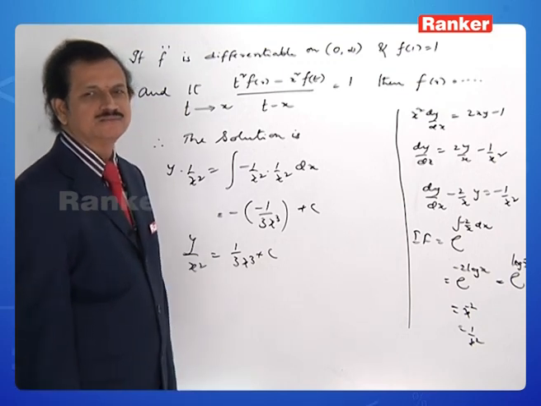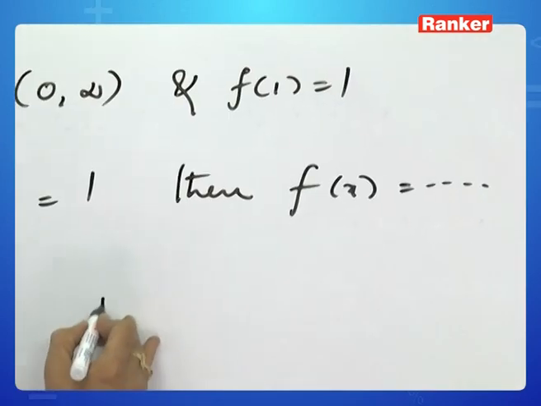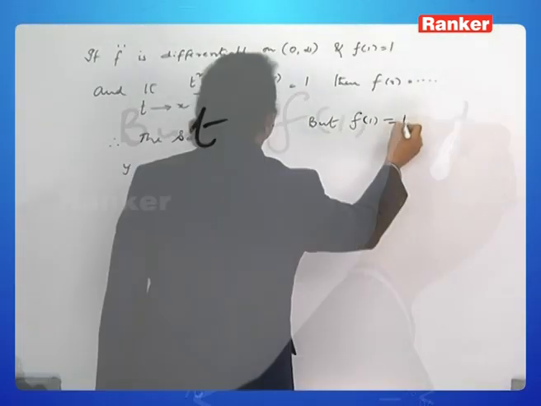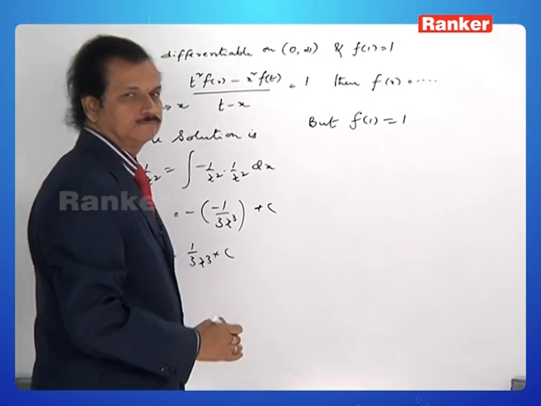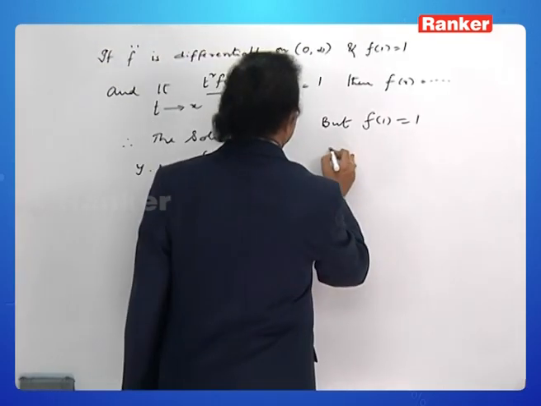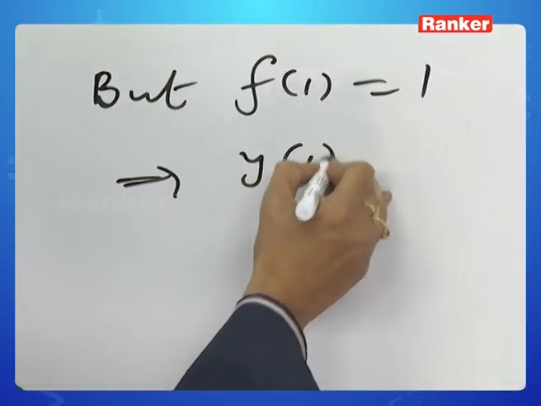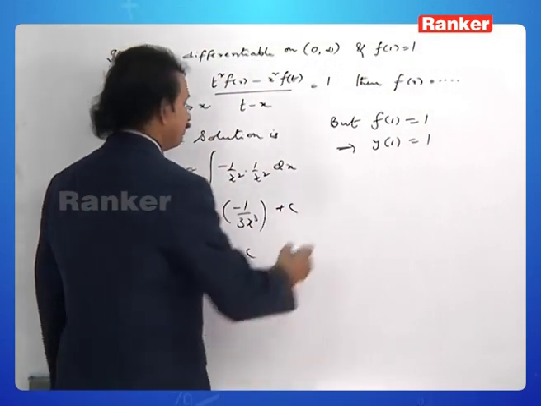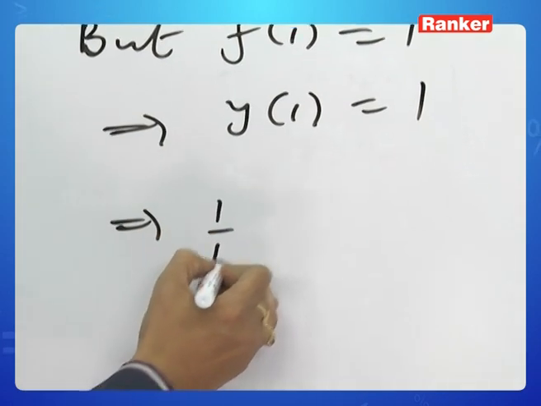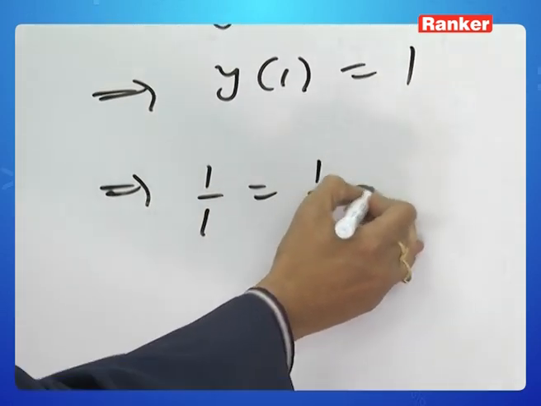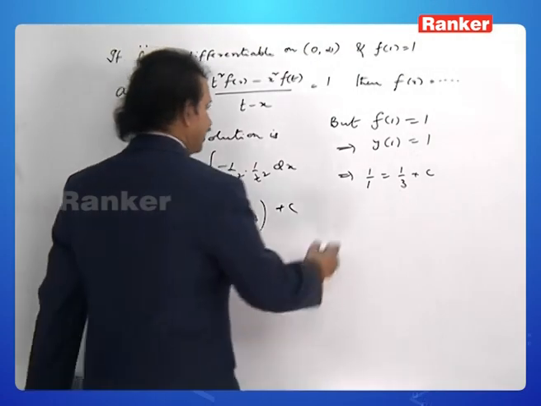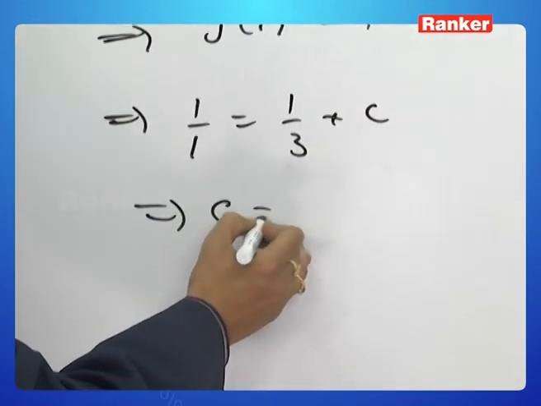Y at 1, isn't it? But f of 1 is 1. What do you mean by f of 1? Y at 1 is 1. That is, 1 by 1 square is equal to 1 by 3 plus c. What is c? 1 minus 1 by 3, 2 by 3.